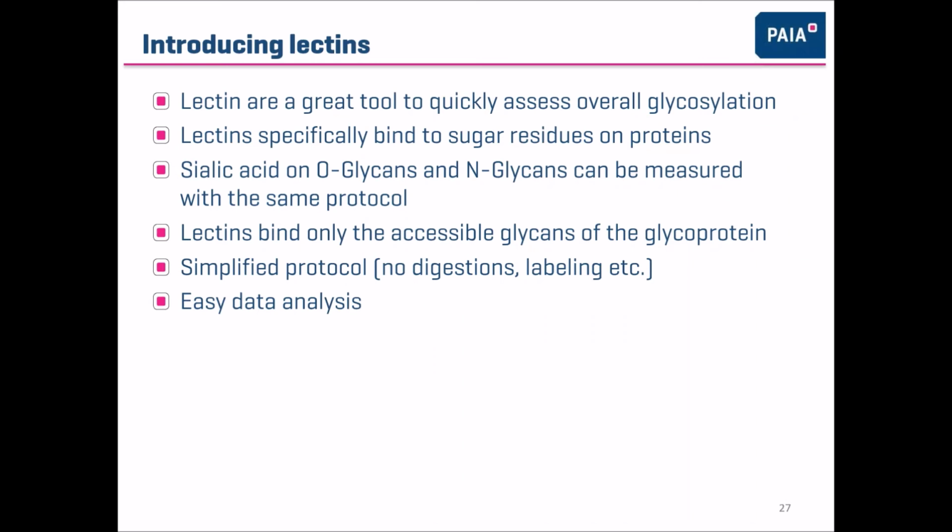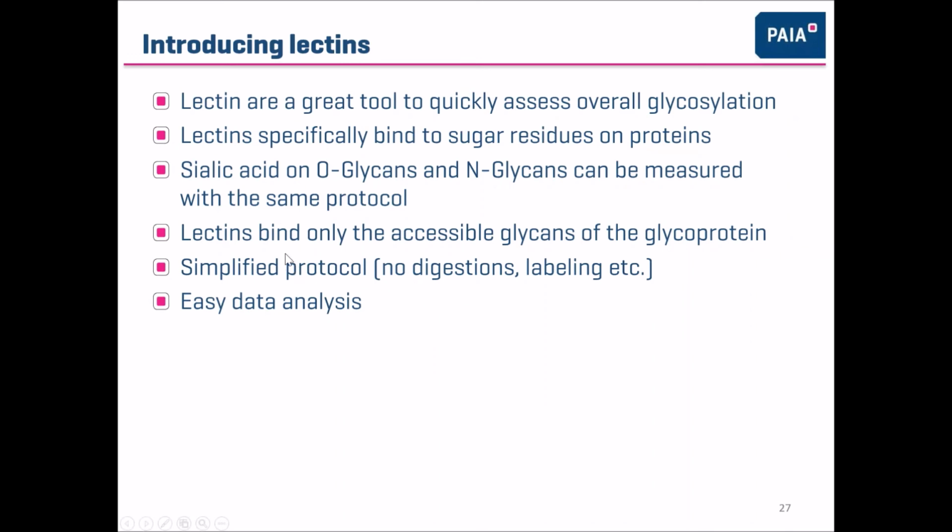They specifically bind to certain kinds of sugar residues on the proteins. What is great is that sialic acids can be measured on O-glycans and on N-glycans with essentially the same protocol, just using a different kind of lectins.